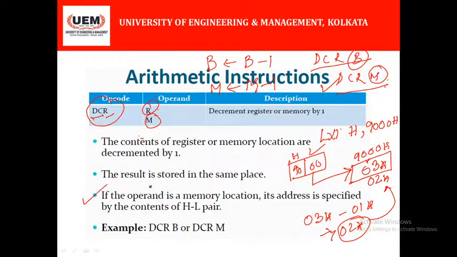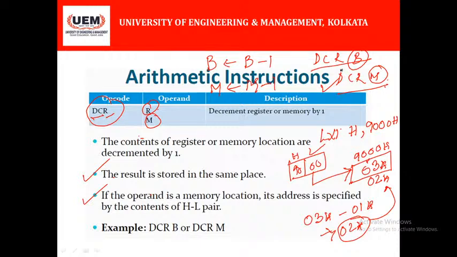So as I said, if the operand is a memory location, its address is specified by the contents of the HL register pair. The result is stored in the same place.